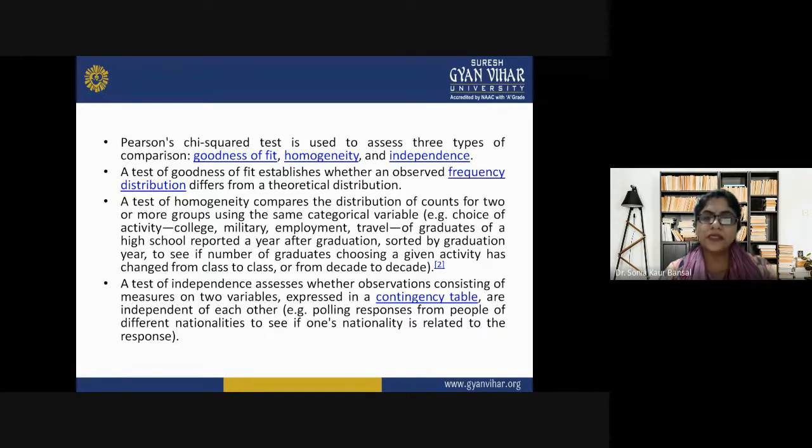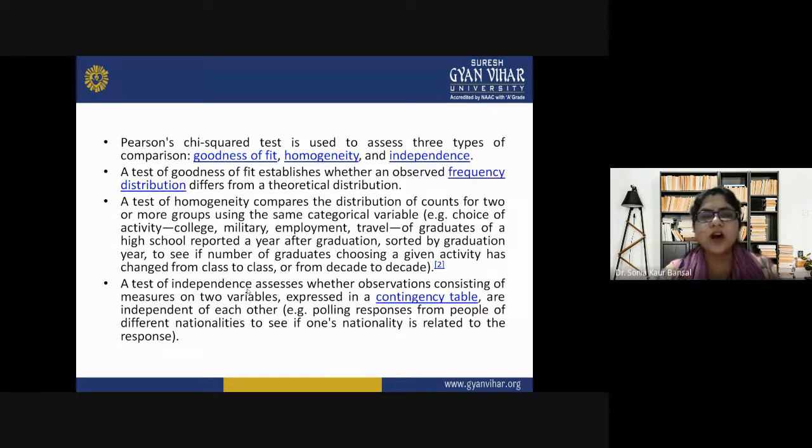Okay, so first is the test of goodness of fit, secondly homogeneity, and third is a test of independence, which assesses whether observations consisting of measures on two variables, expressed in a contingency table, are independent of each other, for example, polling responses from people of different nationalities to see if one's nationality is related to the response.